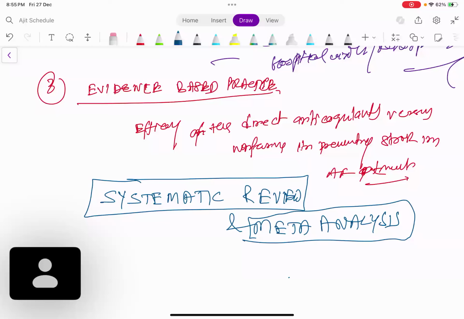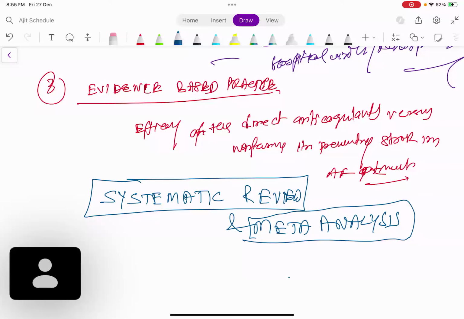And the second thing, when I'm talking about efficacy of the direct anticoagulants versus warfarin in preventing stroke, this is not a future term. That means the studies have already been done.